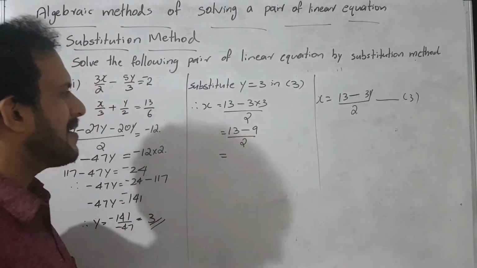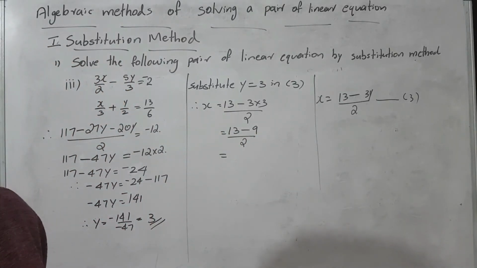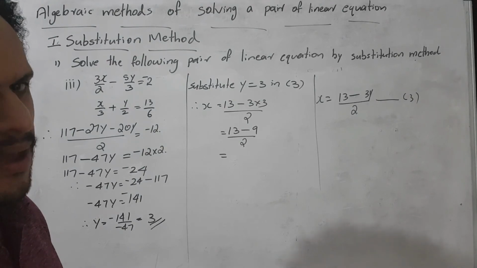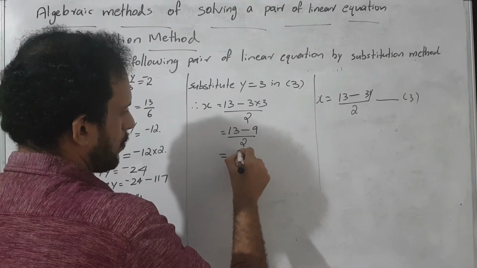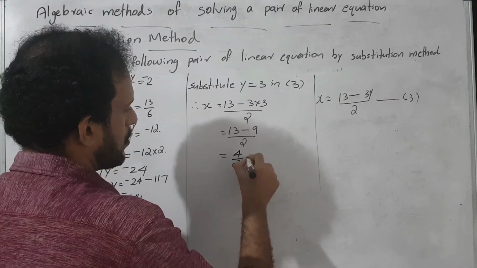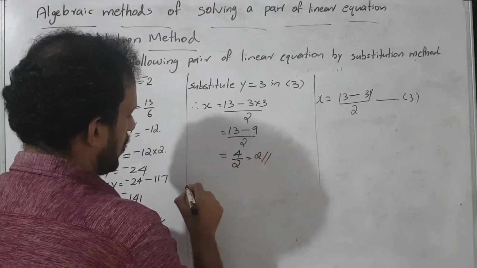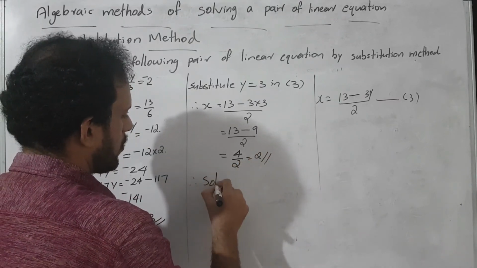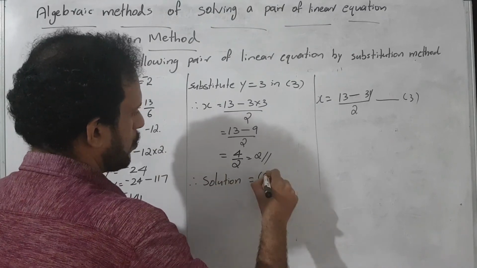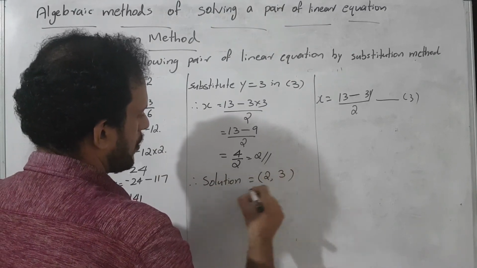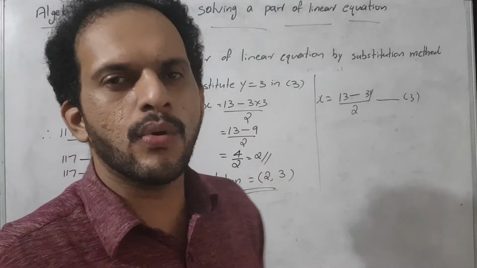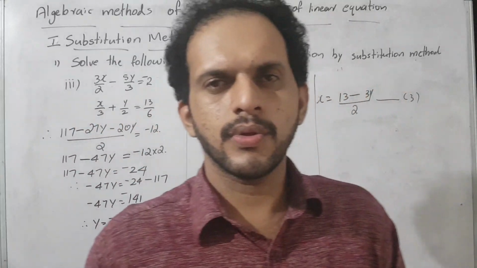What is 13 minus 9? Is equal to 4. 4 by 2 is equal to 2. Therefore, the solution is 2, 3. What is the solution of this equation? The solution of this equation is 2, 3.